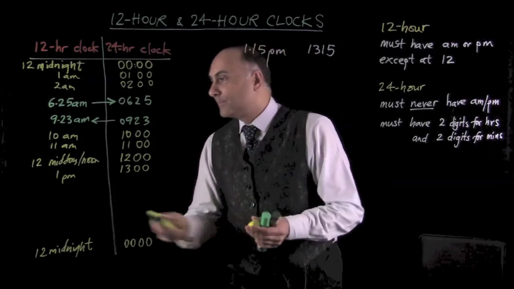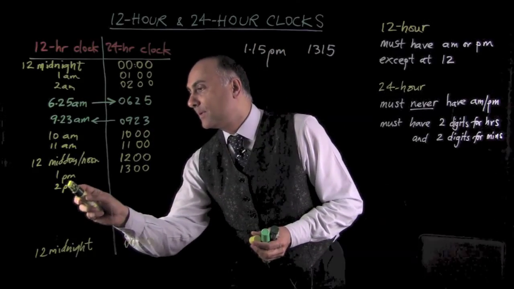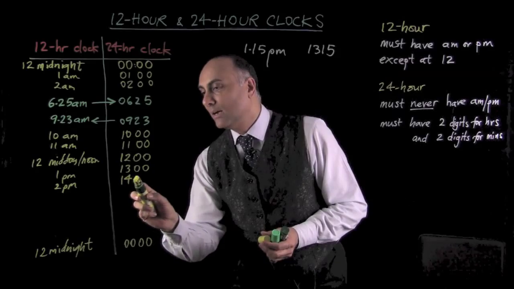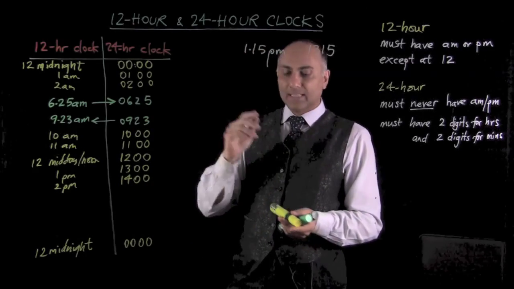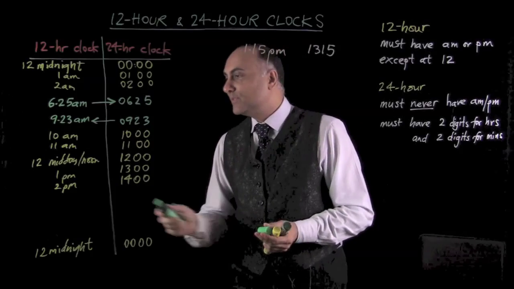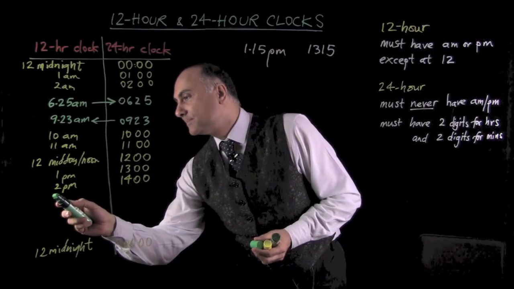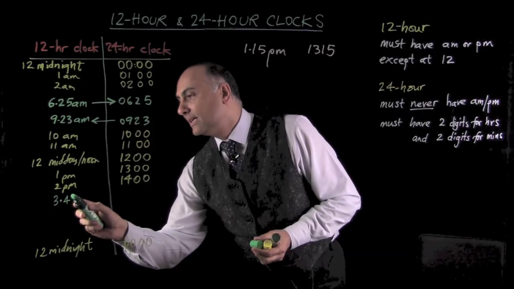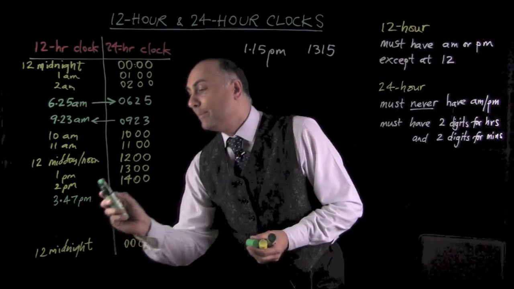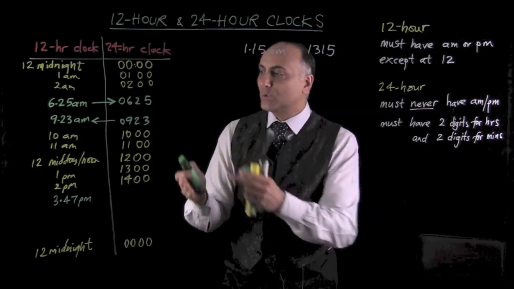Let's carry on. 2 p.m. would be 1400. 1500. Okay. Let's suppose that I stop for a cup of tea at 3:47 p.m. Now, what time will that be on the 24-hour clock?